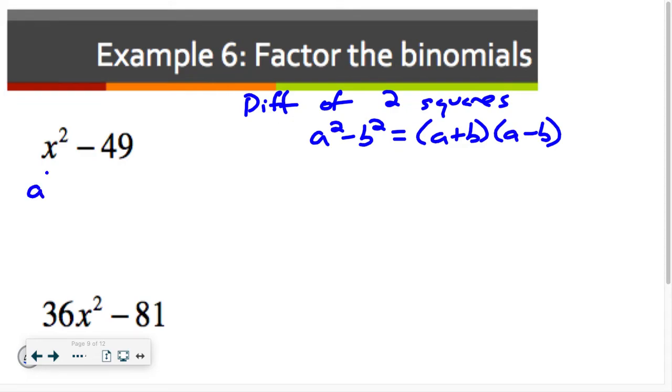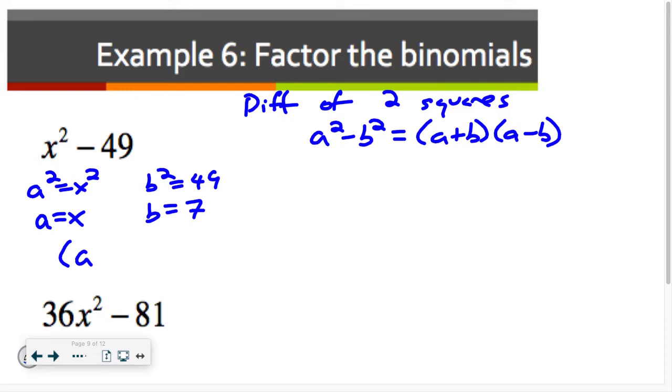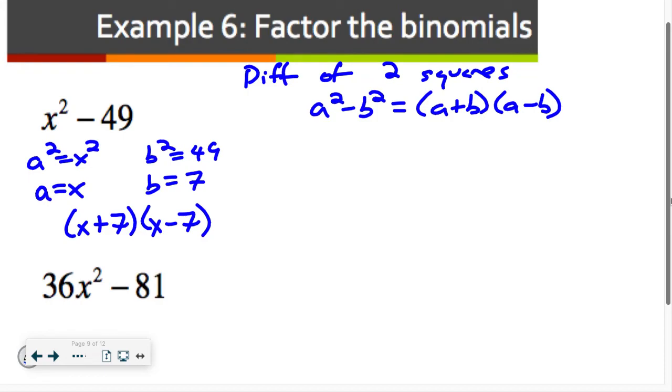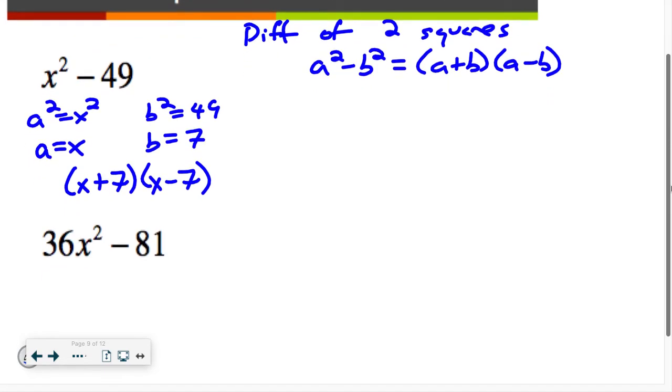And so if I look at a squared being x squared and b squared being 49, that would make a x and b 7 if I take the square root of both sides. So therefore, my factoring here is x plus 7, x minus 7. What's nice about this factoring method is it's a shortcut if you can recognize it.